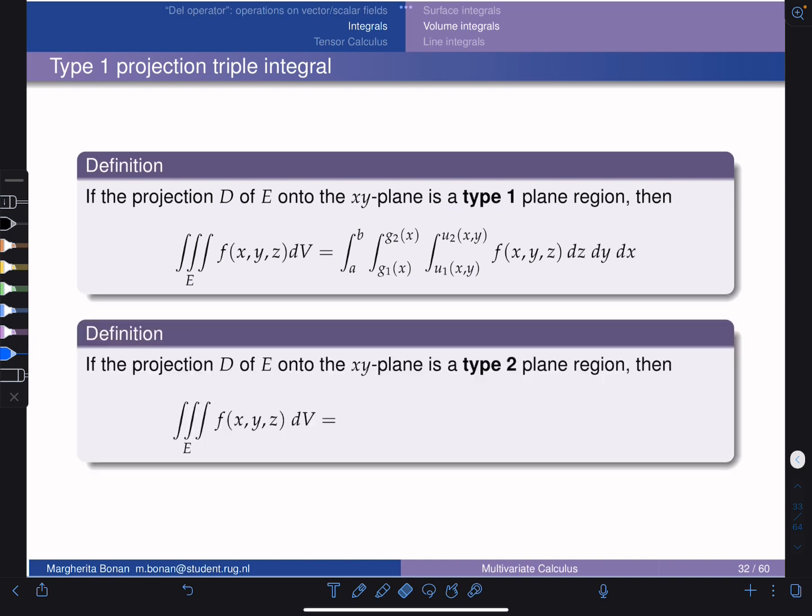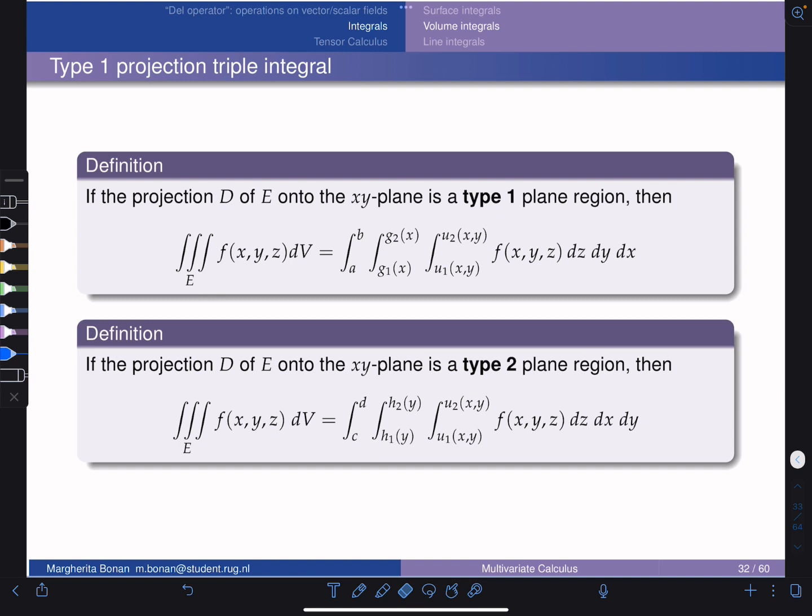In a similar way, if the projection D is a type 2 plane region, then the integral is the integral from c to d, then the integral from h1 of y to h2 of y, and then from u1 to u2 of the function.